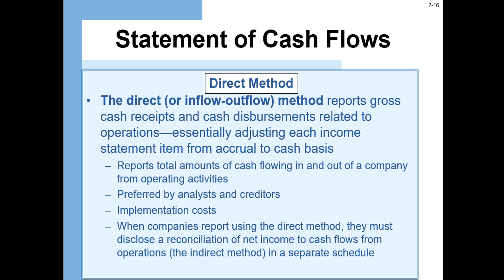So for each income item, for example expenses, we convert that expression of expenses to cash outflow. Just to know that this method is preferred to the indirect method by analysts and creditors. Very, very important to remember that.